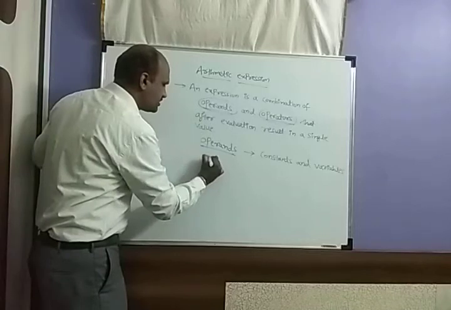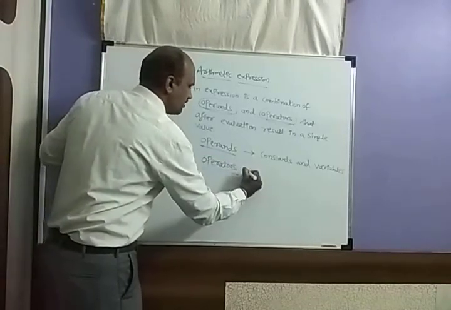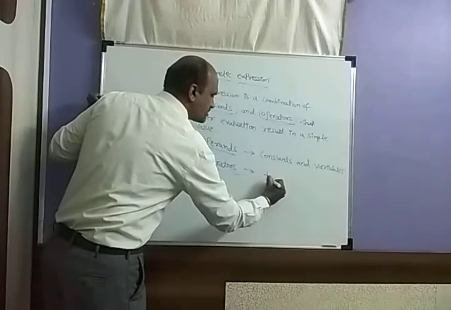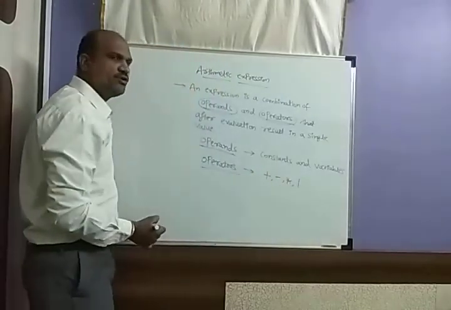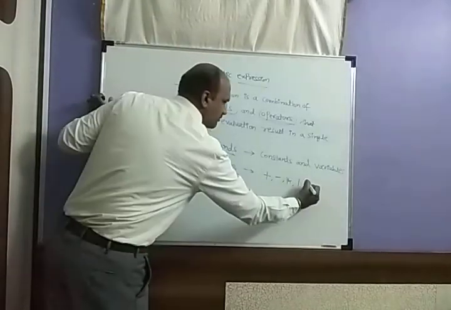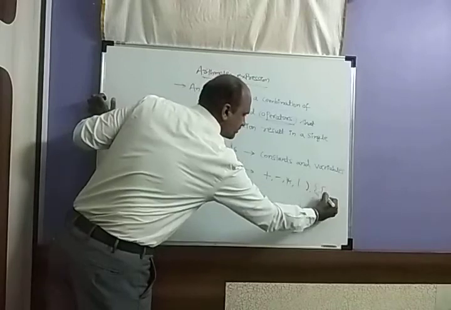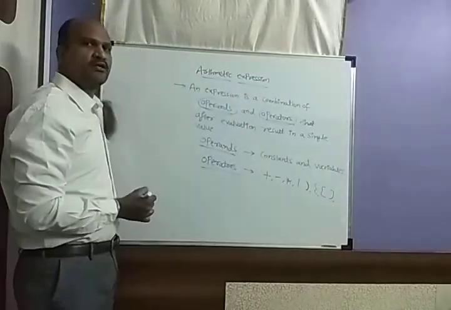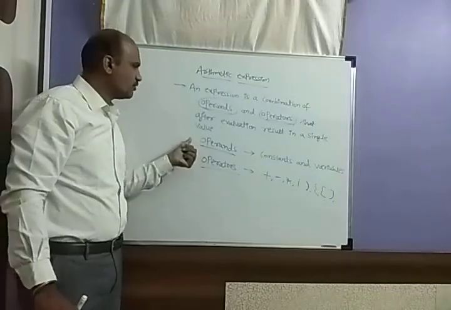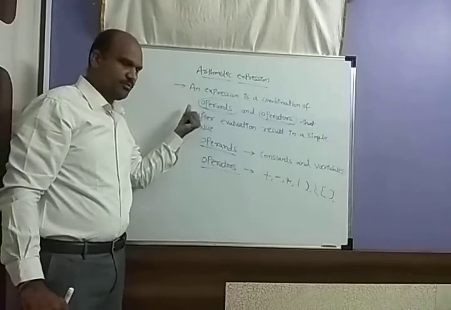Then what are the operators? The basic operators are plus, minus, multiplication and division. Other than that, we use brackets and square brackets. So an arithmetic expression means combining operands and operators.